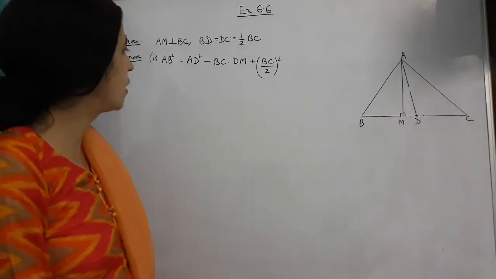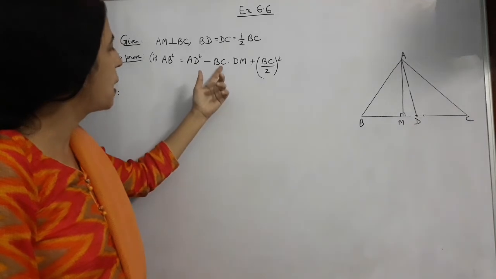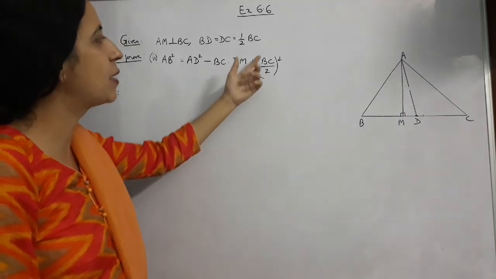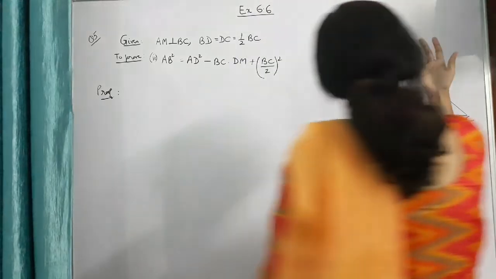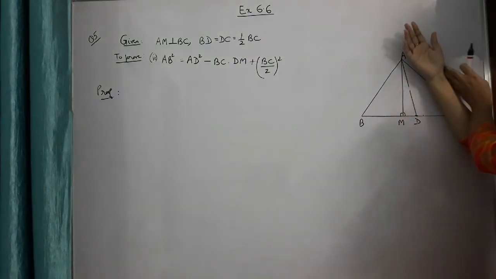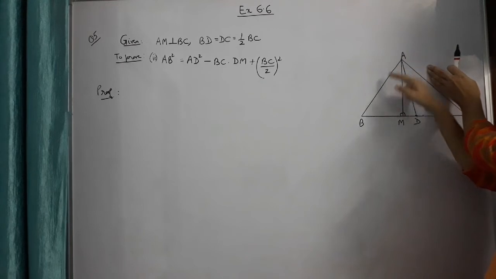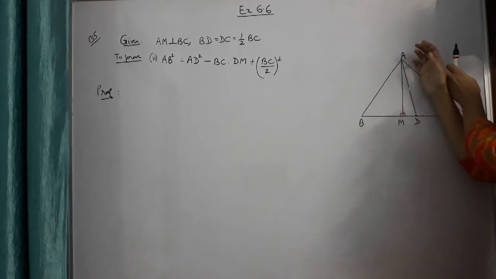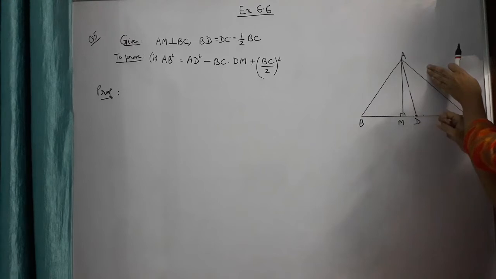In the second part, we have to prove that AB square is equal to AD square minus BC into DM plus BC by 2 whole square. Now if we look at this much of the figure, this becomes same as question number 4. This triangle ABD is an acute angle triangle and AM is the altitude of this triangle.